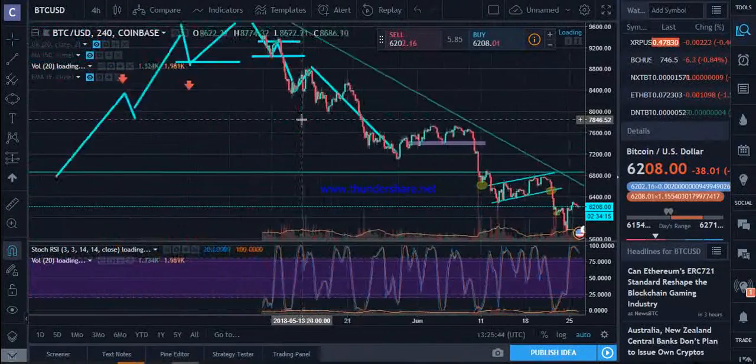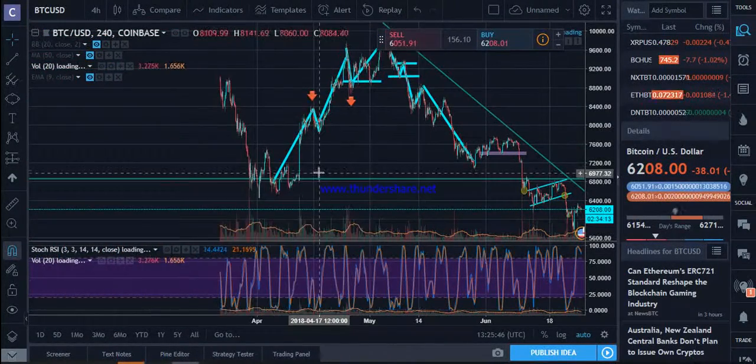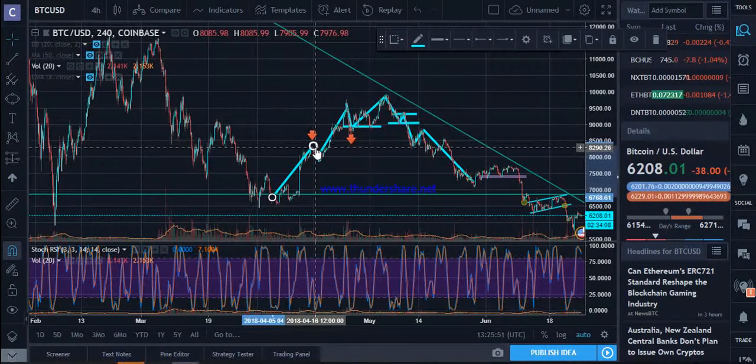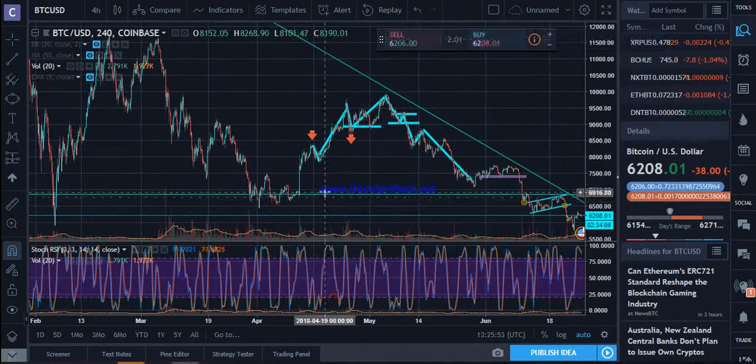let's zoom out the 1 hour chart from Bitcoin USDT, and let me delete all this stuff here.